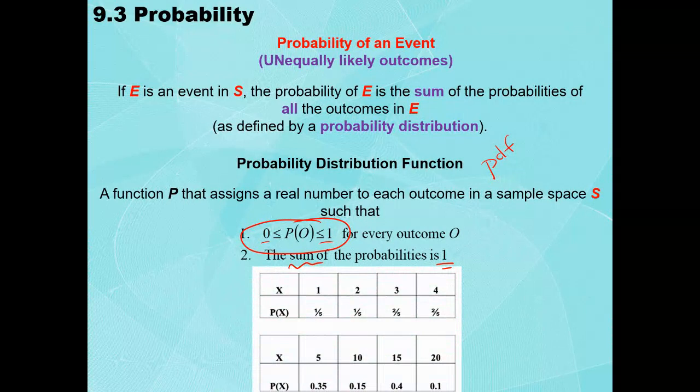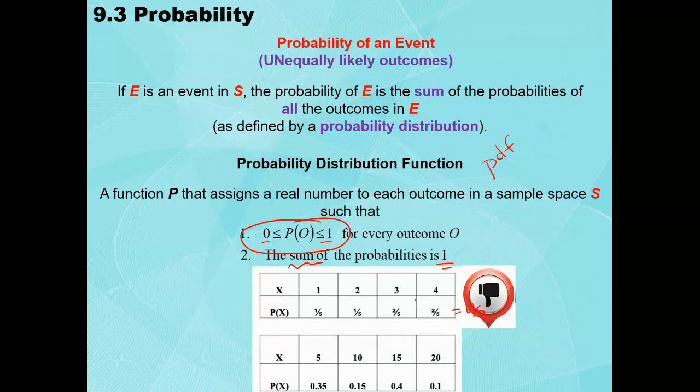So if we look at these 2 probability distributions, that's what these are. Let's see what happens here. If I do 1/5 and 1/5, that's 2/5, 4/5, 6/5. Huh, that doesn't make sense. Nope, that doesn't work, right? There's something wrong with that. You're not going to have probabilities that are not adding to 1.